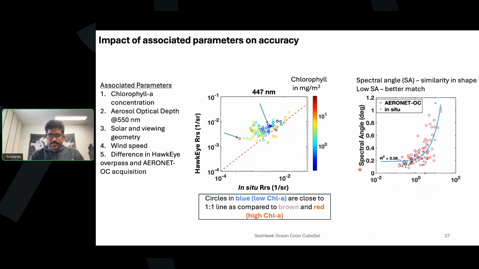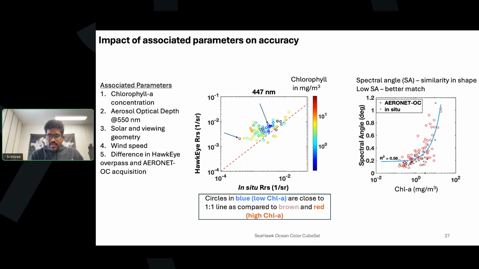So using this spectral angle statistic on the y-axis, we calculated for all the points. We plotted spectral angle against chlorophyll concentration on the x-axis. So what we found was a not so extremely significant, but somewhat a relationship between the spectral angle and chlorophyll.